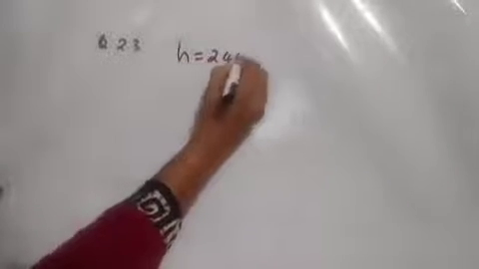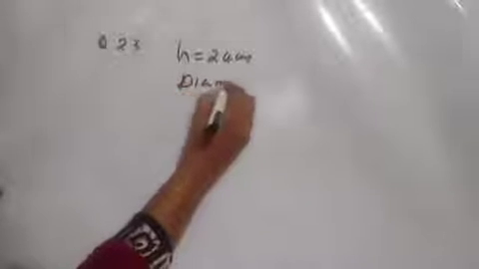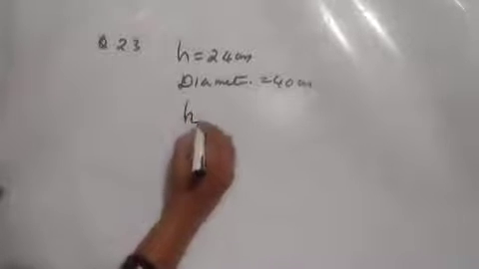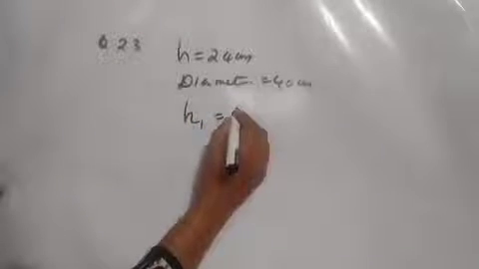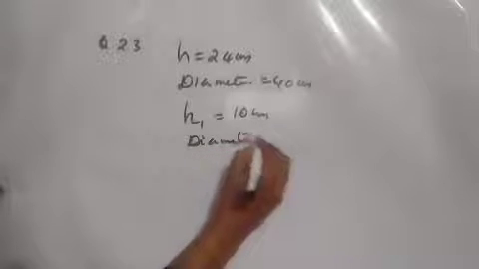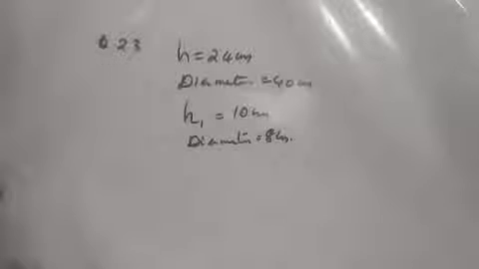A cylindrical vessel of height 24 centimeter and diameter 40 centimeter is full of water. Find the exact number of small cylindrical bottles, each of height 10 centimeter and diameter 8 centimeter, which can be filled with the water.